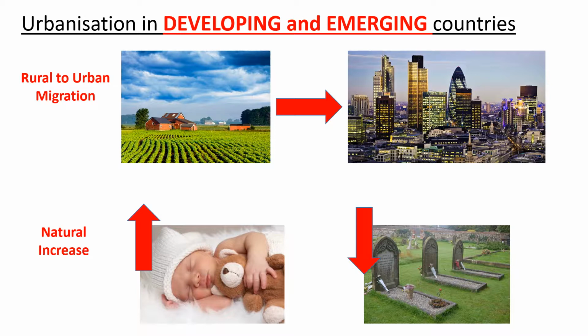It could be because of improvements in healthcare, a rise in birth rate because perhaps the people in cities are quite young and of childbearing age, so they might be having more children. You might have a lowering of death rate because the quality of life has improved in a certain area.